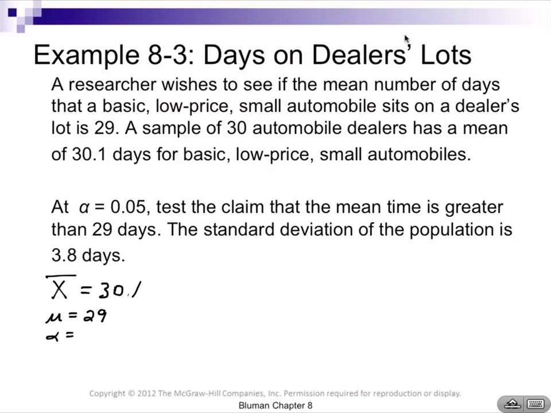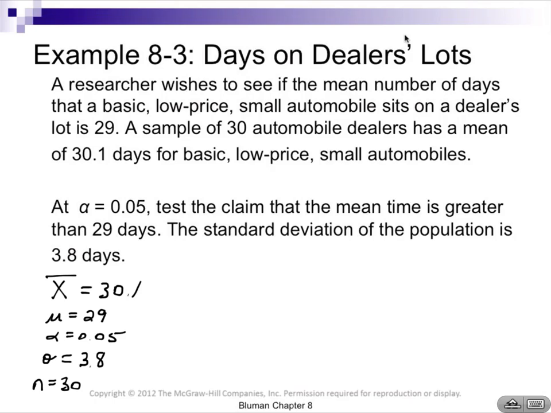Alpha is 0.05. And the standard deviation of the population is 3.8 days. Oh, and our sample size is 30. So n equals 30. Okay, so we've got all that information.